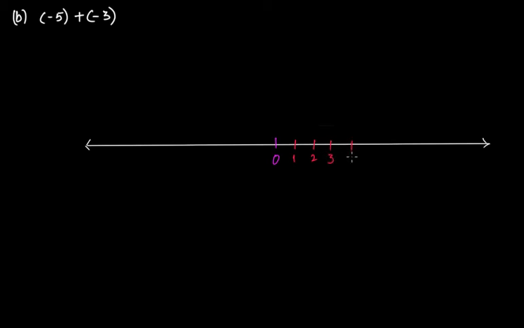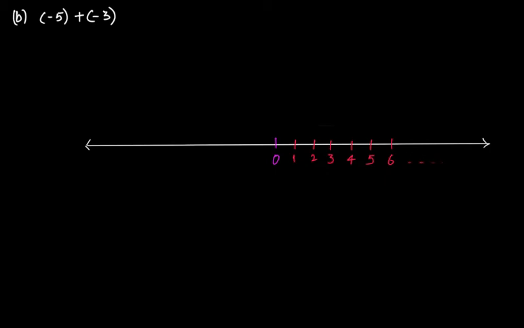So in such cases, first take your number line, and let's say you are marking 0 here, then 1, 2, 3, 4, 5, and 6, and so on.